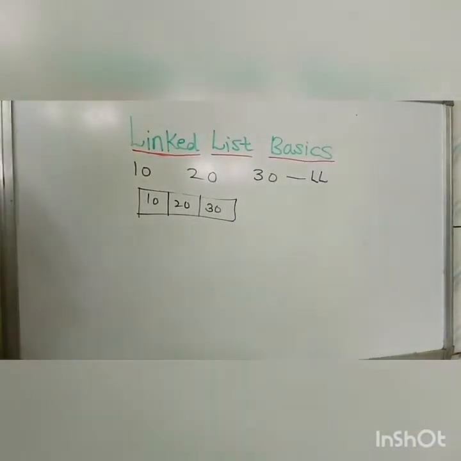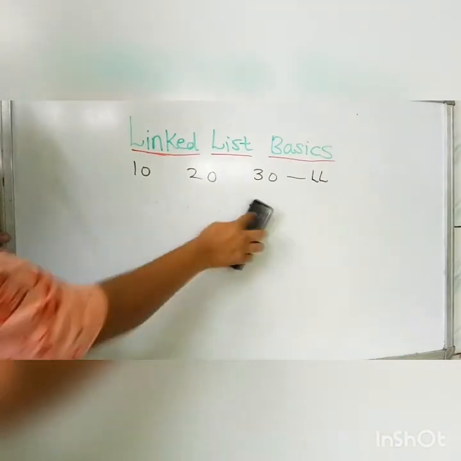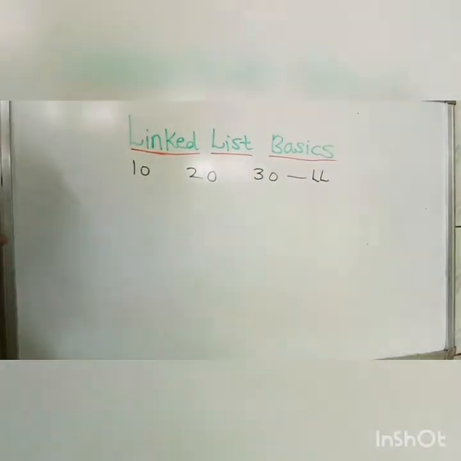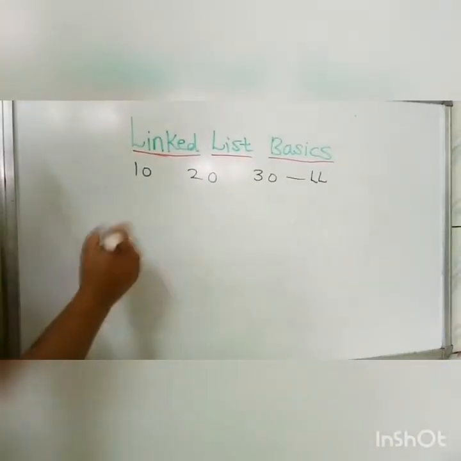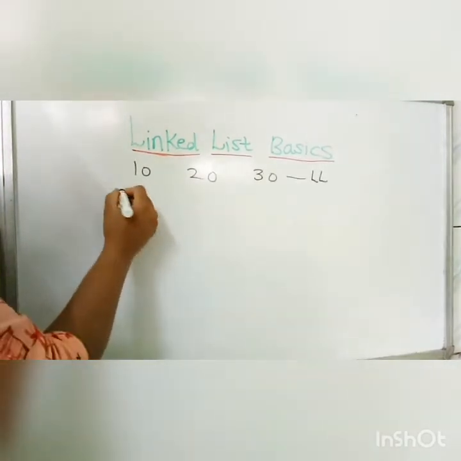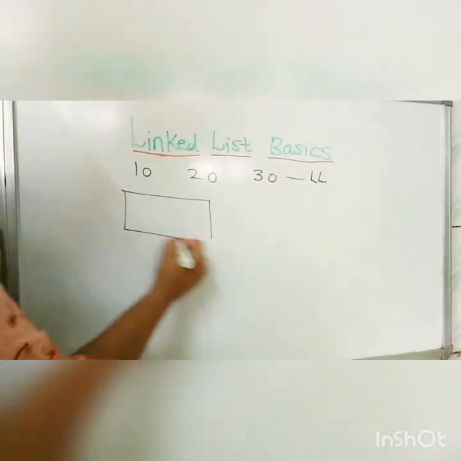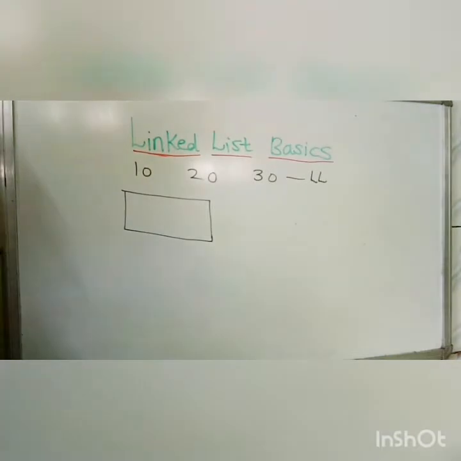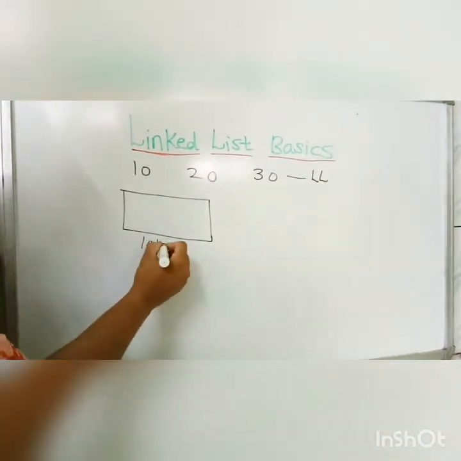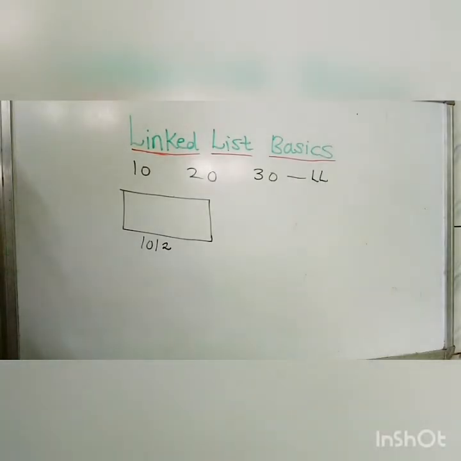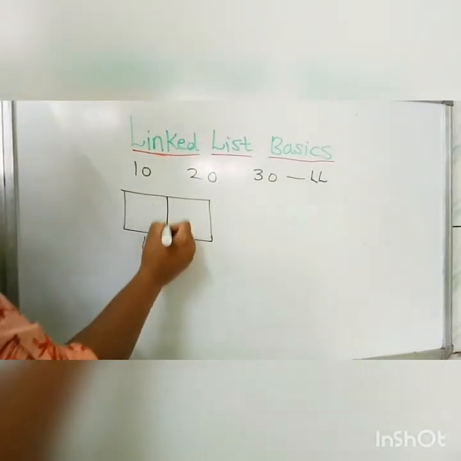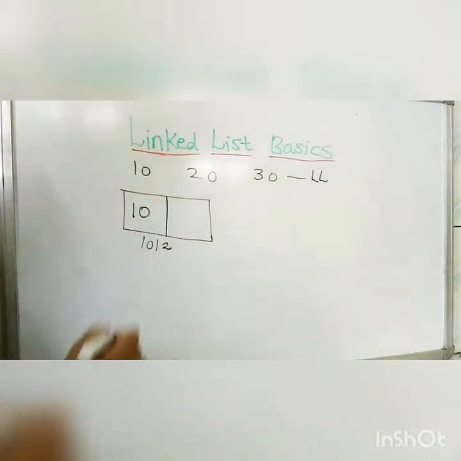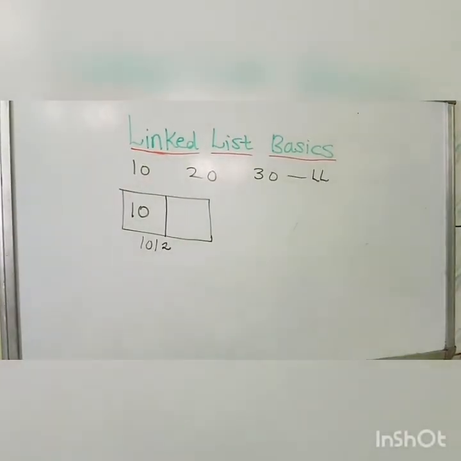But as we are shifting to the dynamic mechanism, that is the linked list, suppose we get the space at memory location 1012. Then here we will place our first data element, 10.